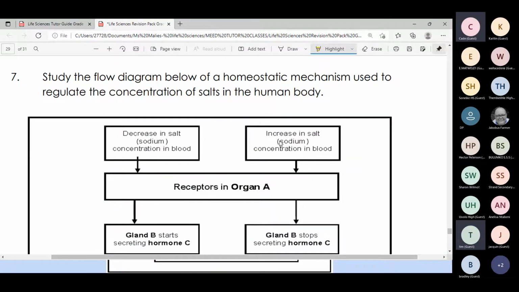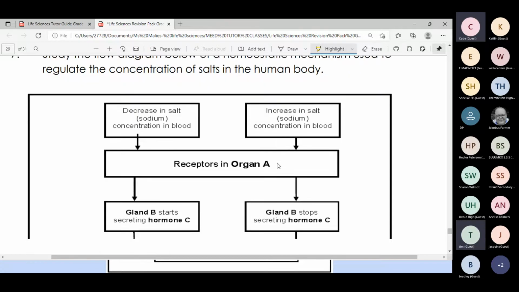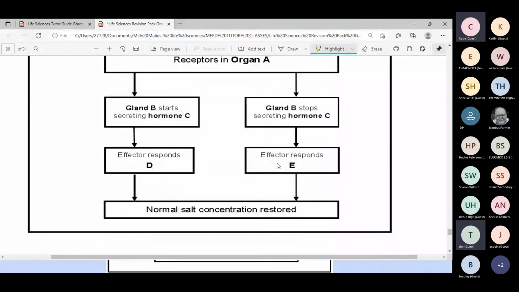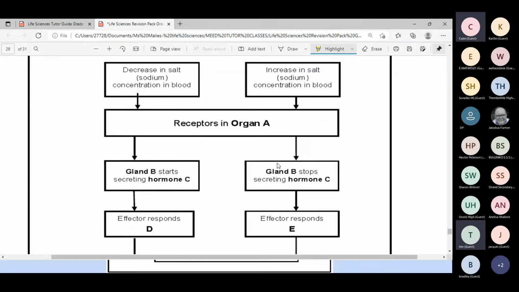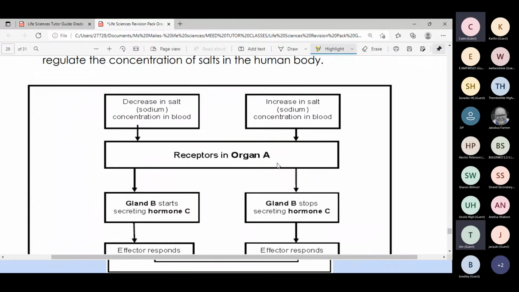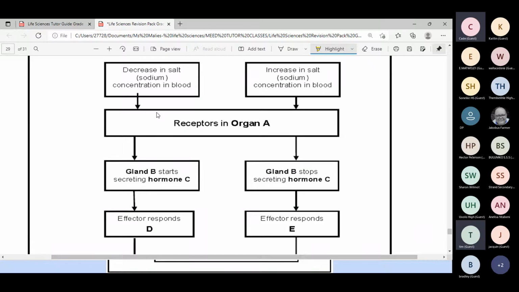Now, grade 12, when you see this diagram, can you see it looks similar to the diagram we just looked at? Analyze the diagram, follow the arrows.